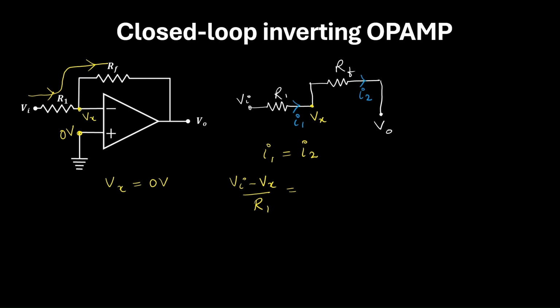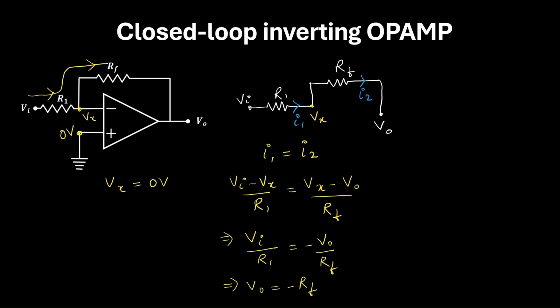This is equal to I2, which is (Vx minus V naught) by RF, and Vx is 0, so I can rewrite this expression as Vi by R1 is equal to minus V naught by RF. So V naught is equal to minus RF by R1 into V input. So this is the expression of the output in the case of closed loop inverting op-amp.